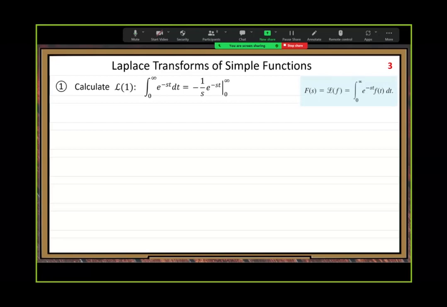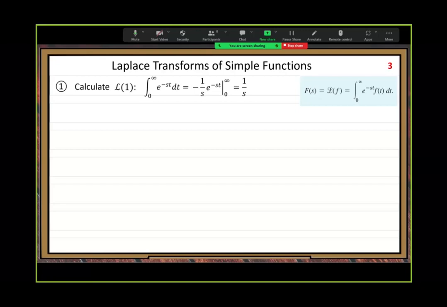So you do integration by parts. After we get this expression, we need to evaluate it at these two limits: upper limit infinity, lower limit 0.